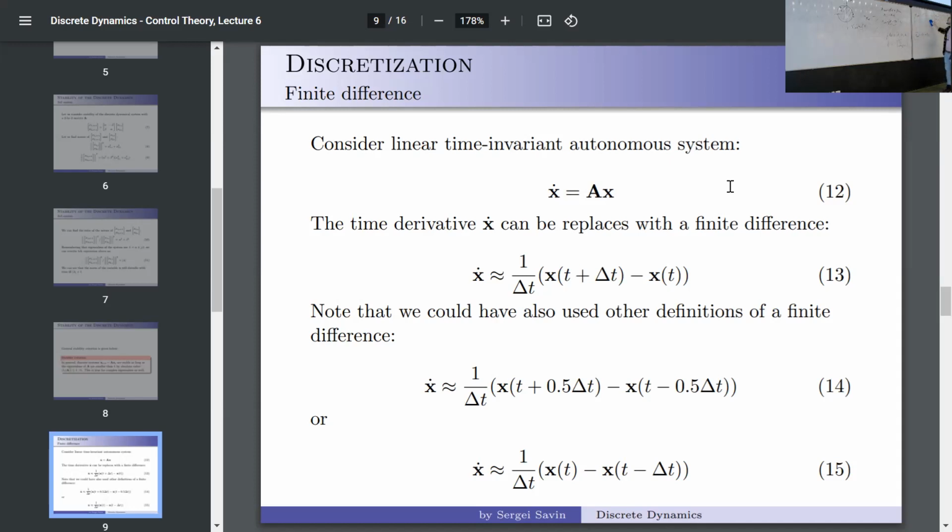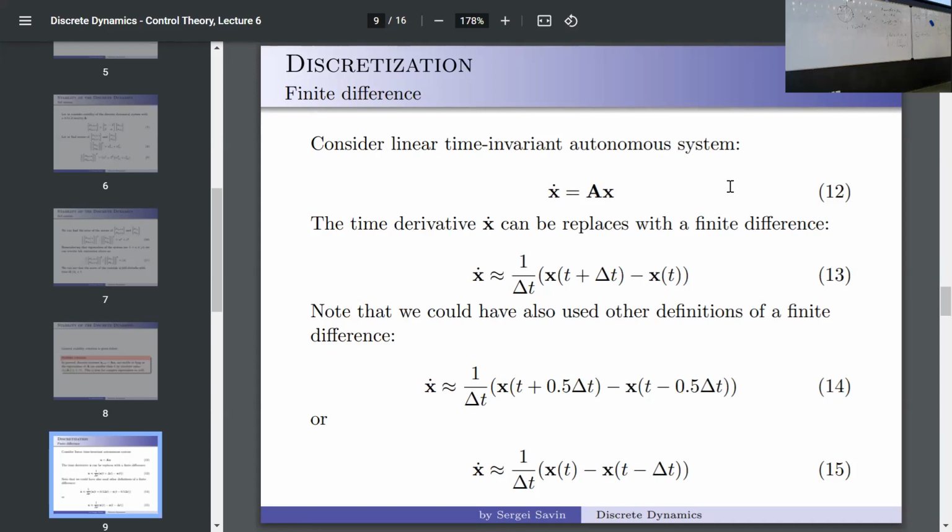Derivative of x of t. So what would be? And limit? Great. That is x dot.